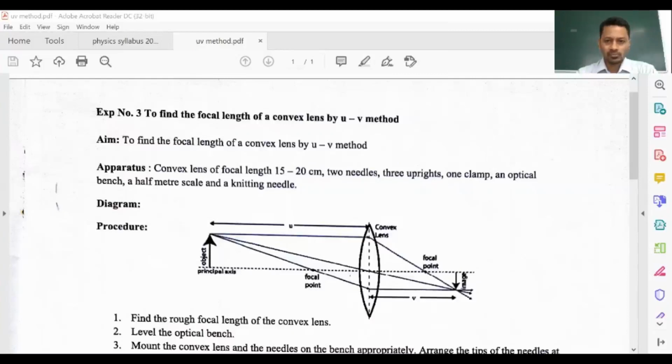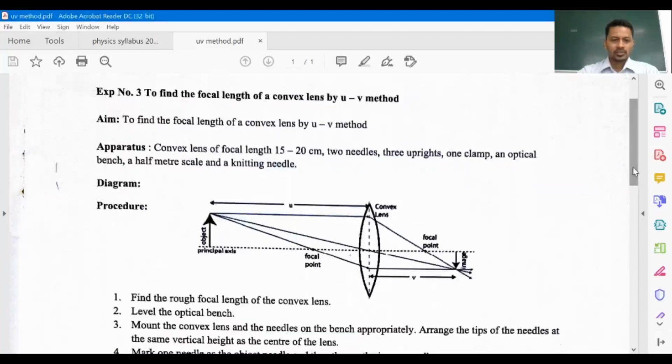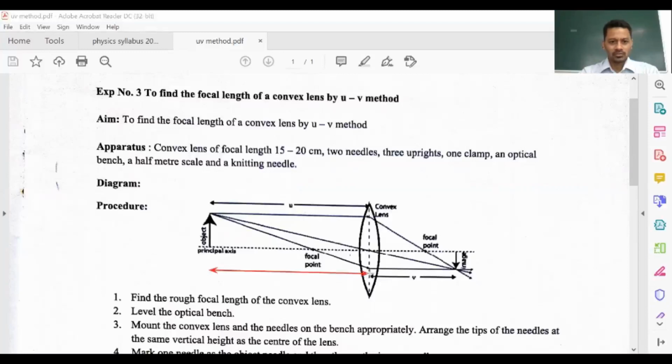So after explanation about that particular experiment, which is the UV method, what we did, you will see in this particular diagram on the screen, what are the values of U and V. From the optical center up to here, which is the object, will be my U. So this distance is U, and the distance to the image, what we got as the inverted image, it's already shown here.